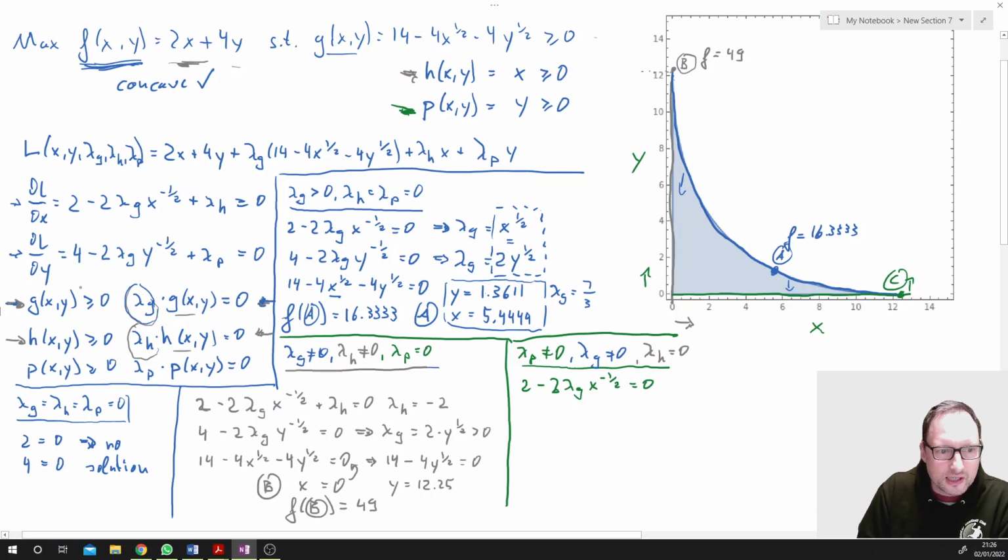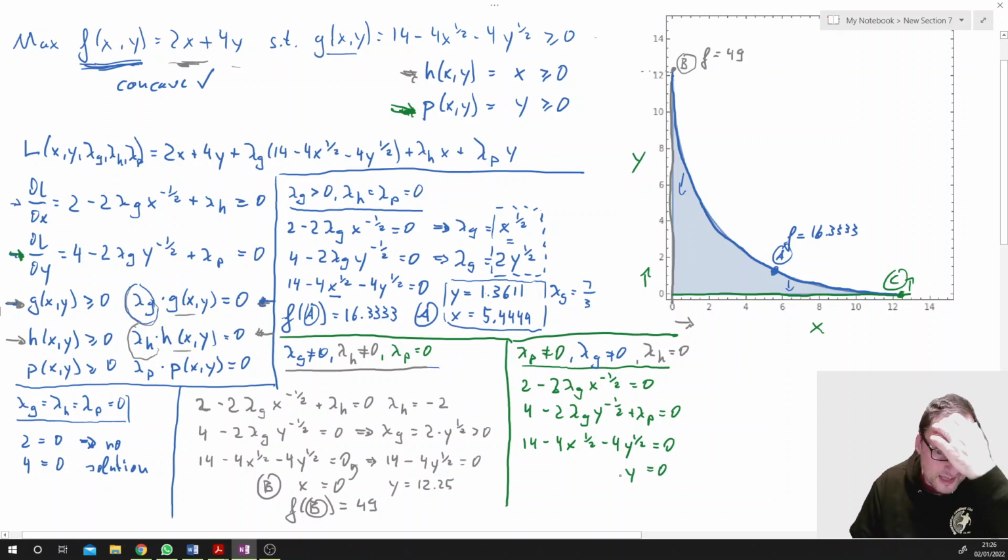From the second equation, we get 4 minus 2 lambda g y to the negative half, and now plus lambda p is equal to 0. And then again the constraints, 14 minus 4x to the half minus 4y to the half is equal to 0, and now the p constraint, y is equal to 0.